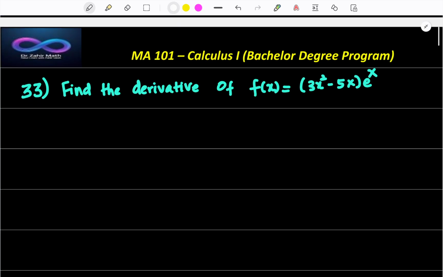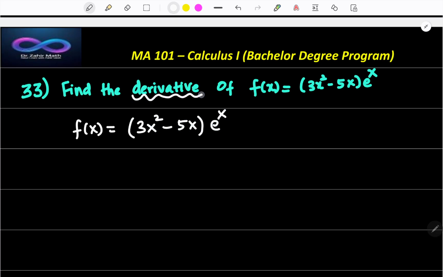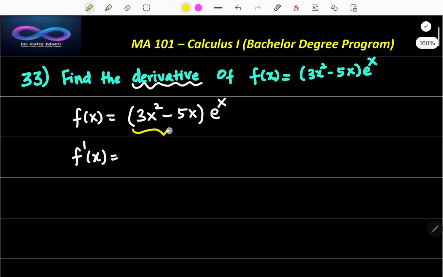Find the derivative of f of x equals 3x square minus 5x times e power x. Derivative means what? f dash of x. Look here, the function is a product, right? u and v. What is the derivative rule for uv? u derivative of v plus v derivative of u, right?